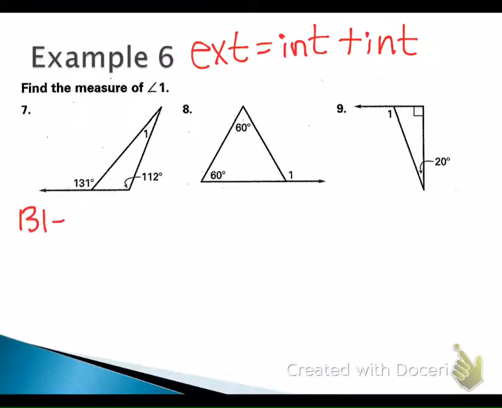So 131 equals interior plus interior. 112 plus the measure of angle 1. Remember, this does not have a degree symbol, so it names the angle. It does not give a measure in degrees. When we subtract 112 from both sides, we get that the measure of angle 1 is equal to 19 degrees.